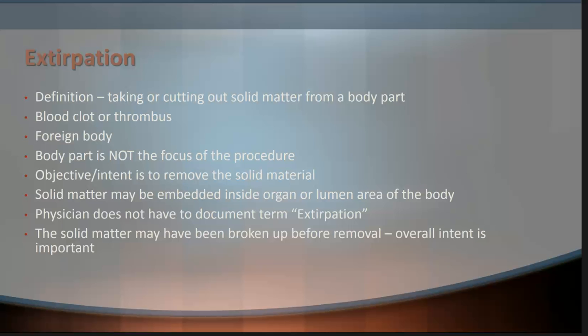The words soft and solid are not related. Another common solid matter is a kidney stone or gallbladder stone. Another word for stone is calculus. So you have to understand all these little synonyms as you're moving through the coding process.